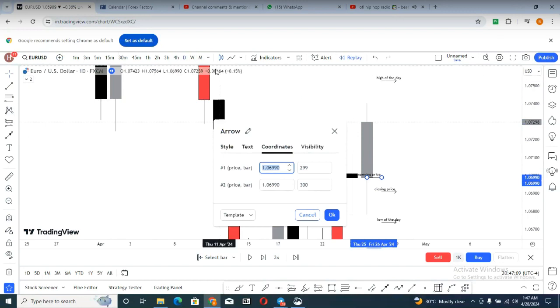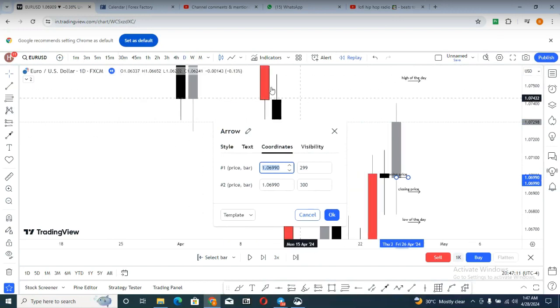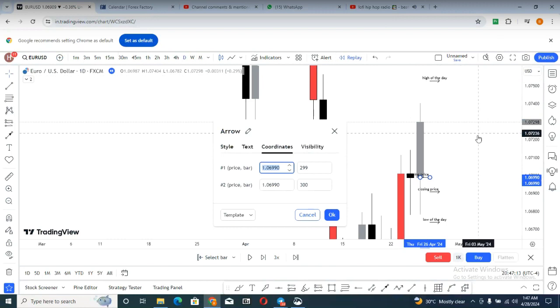Now look at this, this time around is quite different. Since we are starting from a bullish scenario, we are buying below the opening price, so it's going to be open, low, high, close. Open, low, high, close. Are you seeing it now?